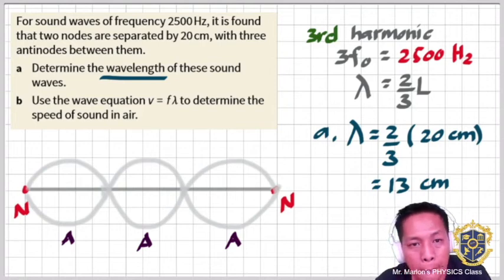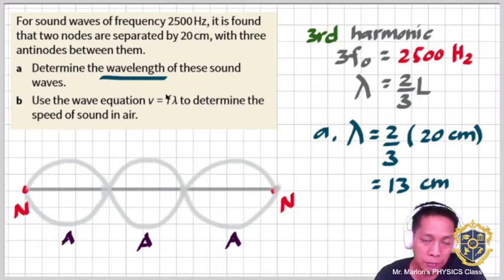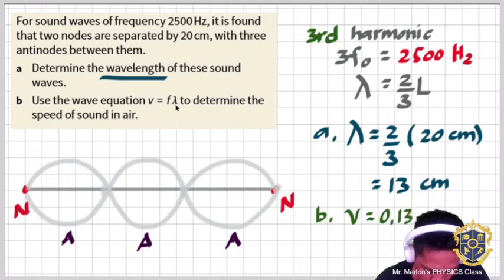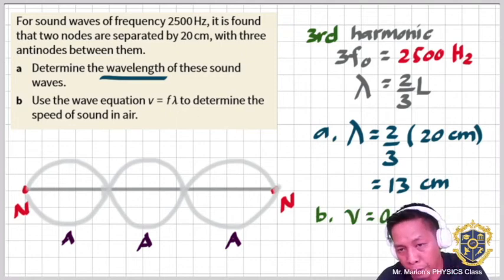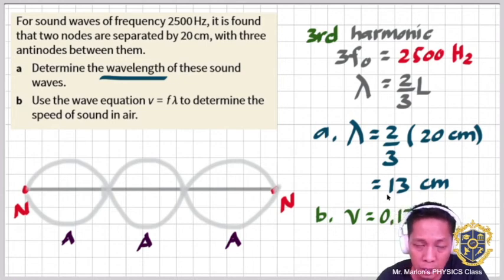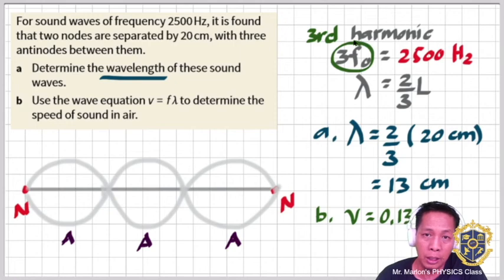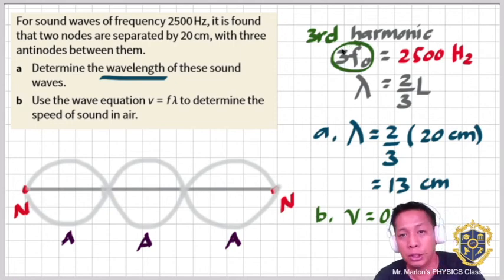Now for letter B, we need to calculate the speed of the sound, and the formula is already given here. So v is equal to 0.13. The reason I put 0.13 here is that I want the values expressed in SI units, so the centimeters have been converted into meters. Then you multiply that by the frequency. But you don't need to divide this 2500 by 3.